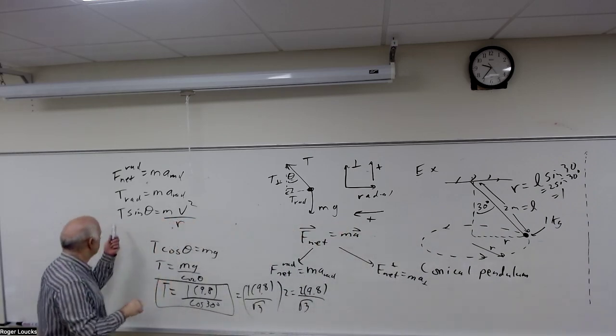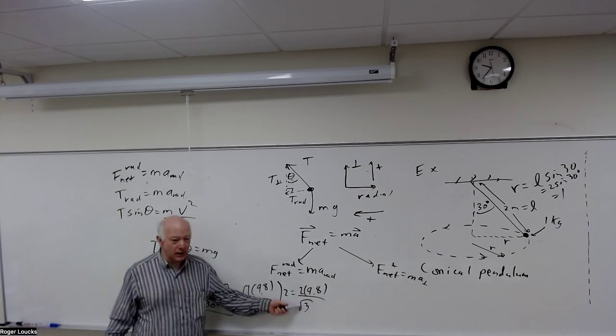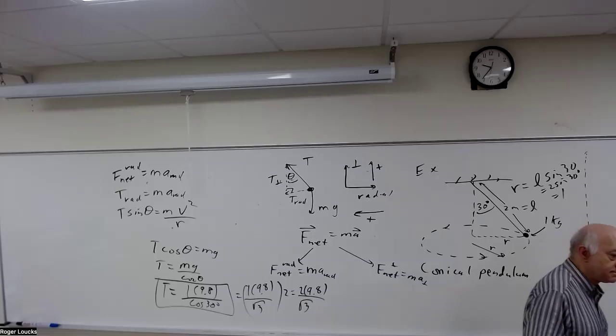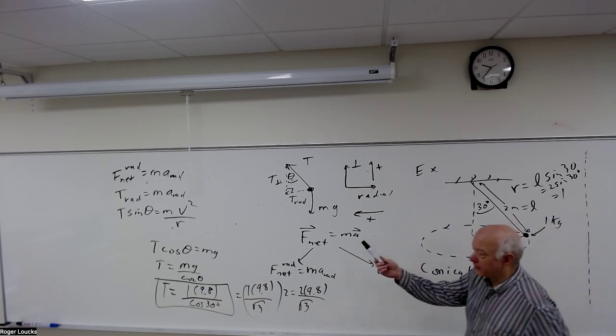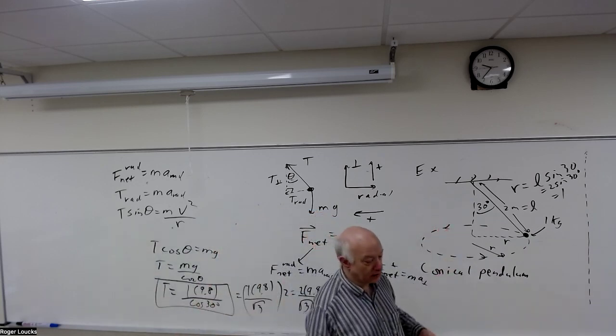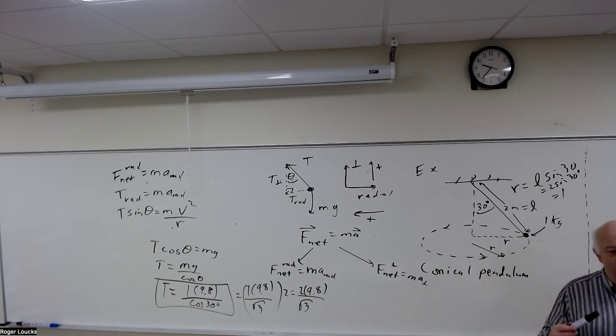Now, do I know anything special about my T? I know it's this number here, but I want to be a little more fancy with that. Do we know anything general about that tension? We got the value, but what about general?